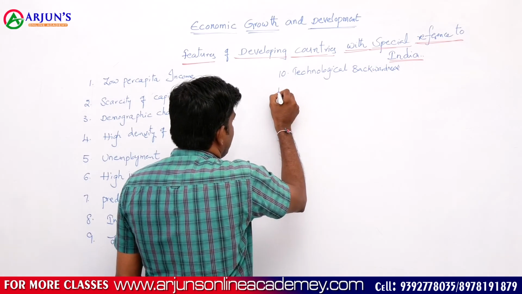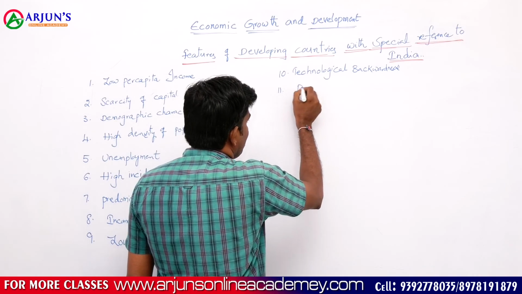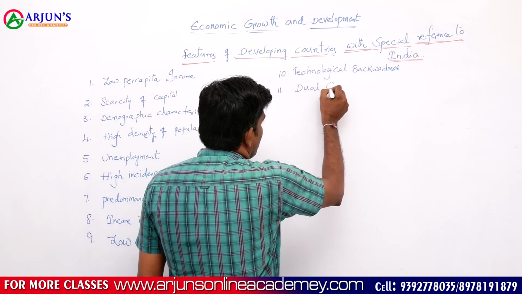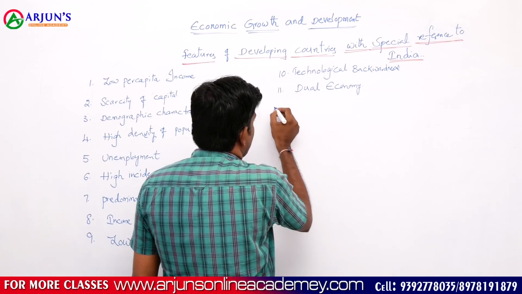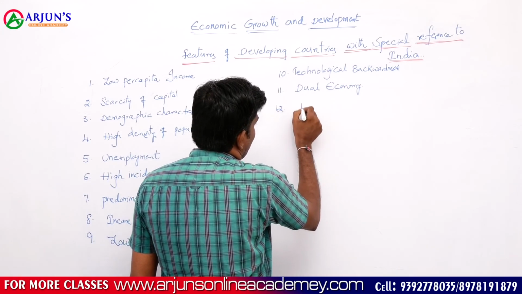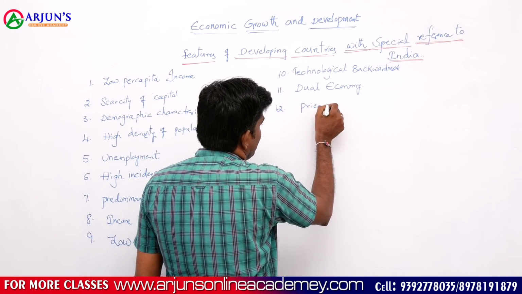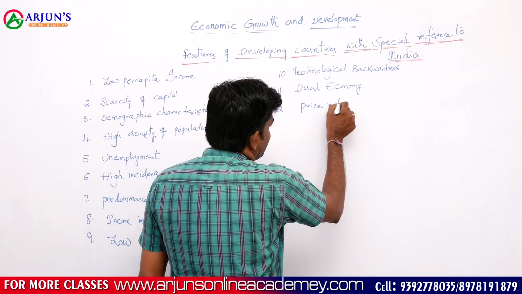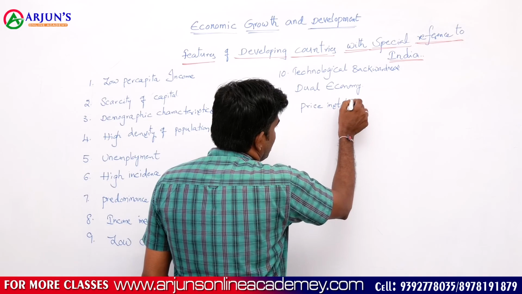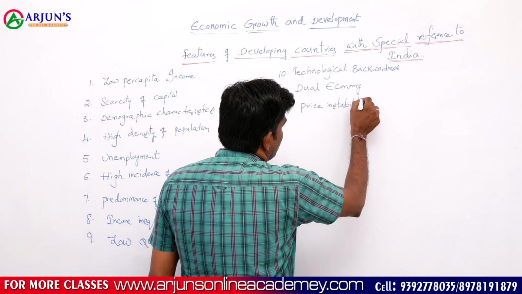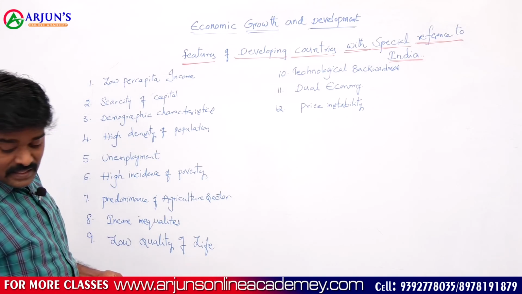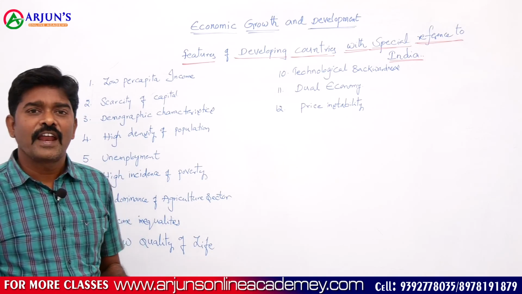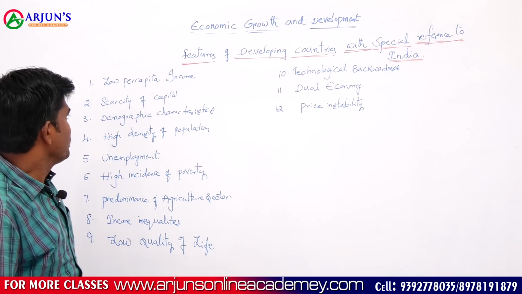Number 11, dual economy. Number 12, price instability is another important feature of developing countries.